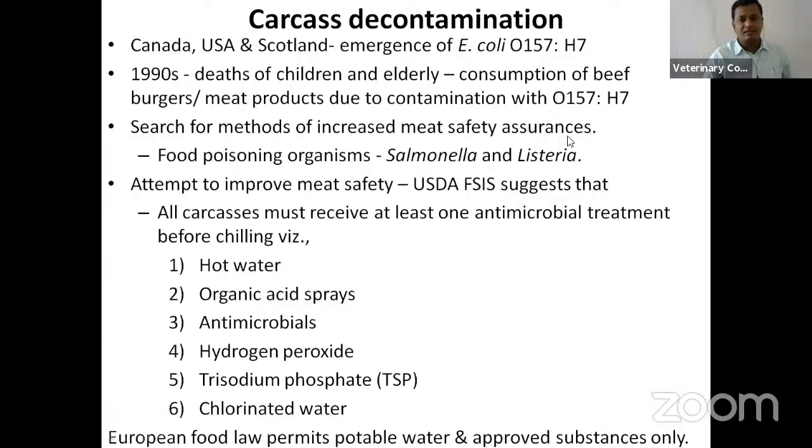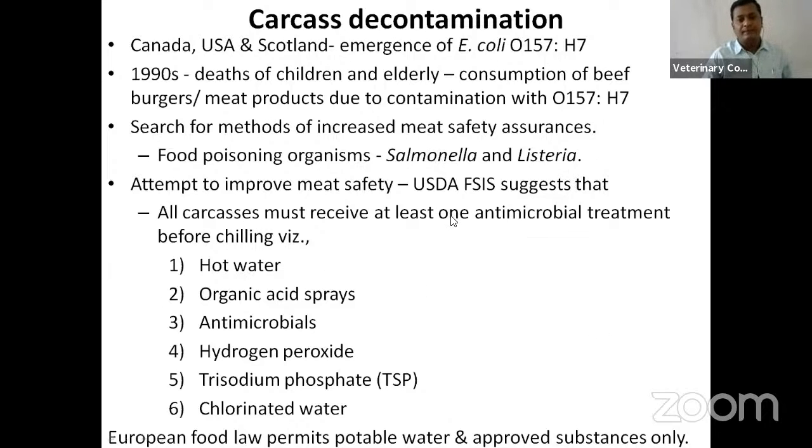As meat safety assurance measures they started, so there was more awareness. That was extended to even Salmonella and Listeria.